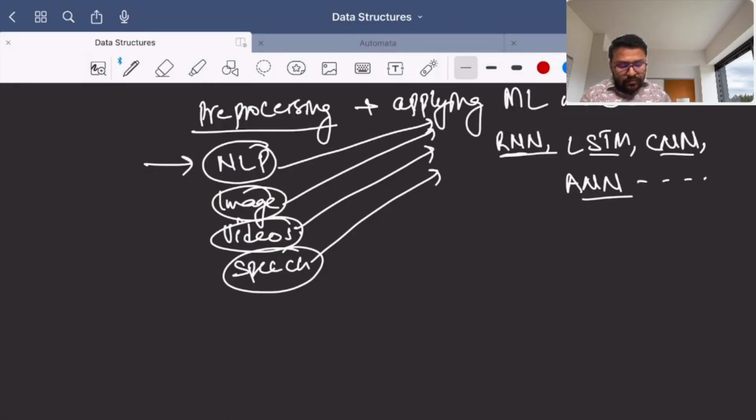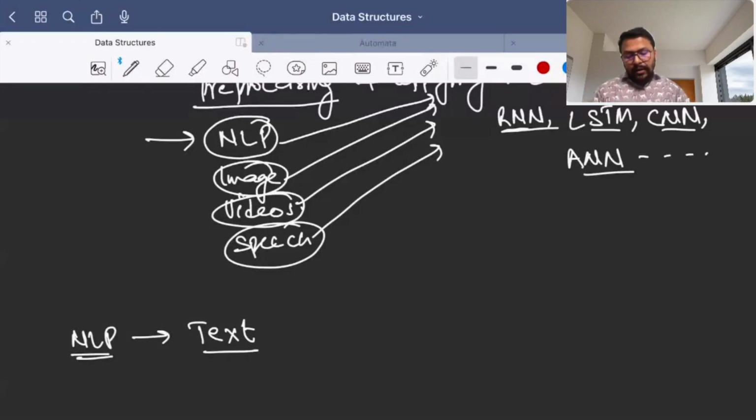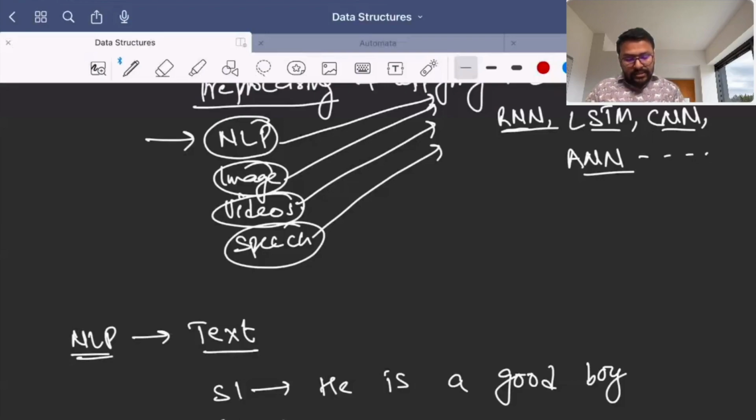So first we have NLP. For NLP we have data in text format. For example, let's say our data is sentence 1, sentence 2, sentence 3. The first sentence says that he is a good boy. The second sentence says she is a good girl.